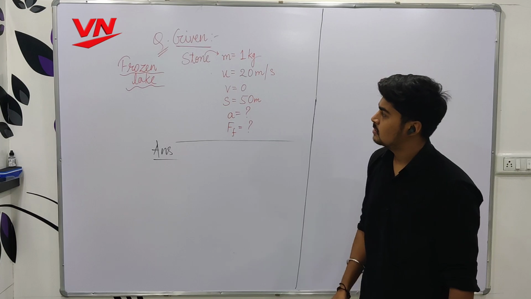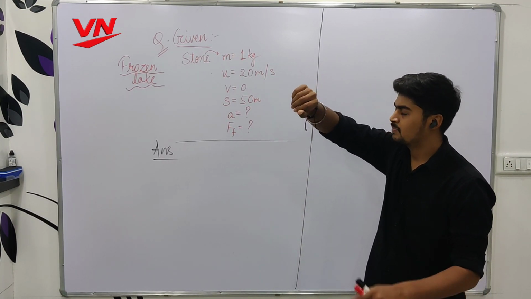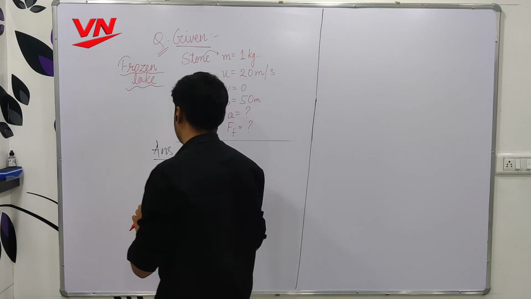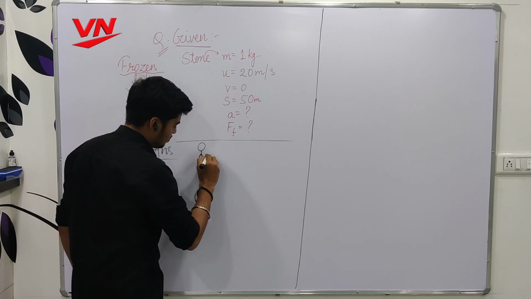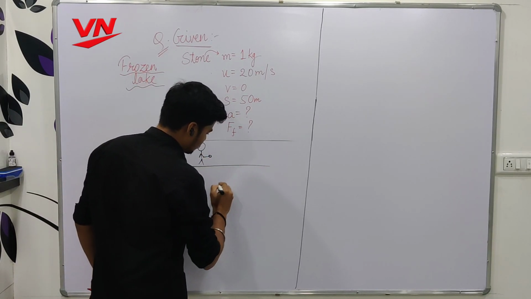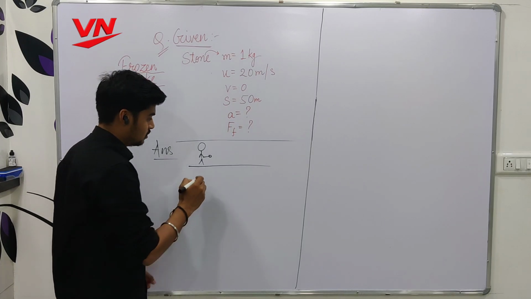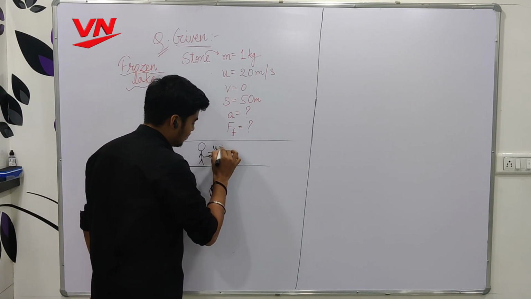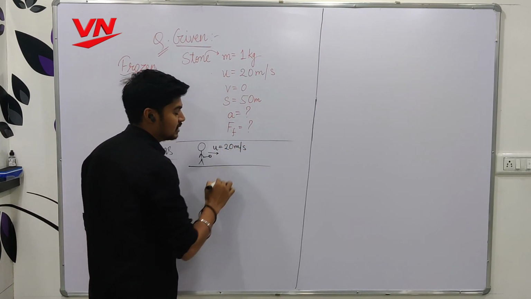Okay, so in this question of a frozen lake, a stone of mass 1 kg is thrown. Let's try to find out how we can see the given things. One of the persons throws the stone on a frozen lake. The moment he releases the stone, it has a given velocity of 20 meters per second.